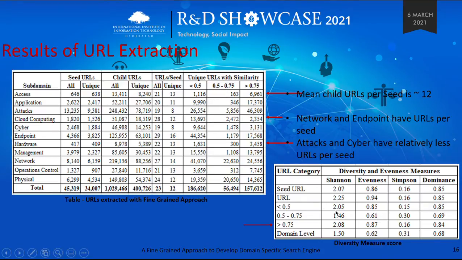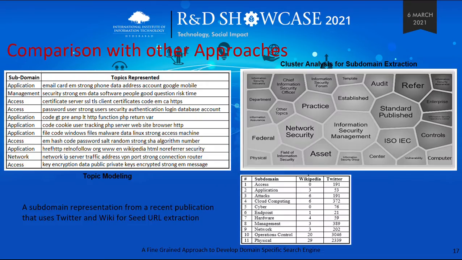We also see the diversity metric, based on the metaheuristic data. You see that there is a fair representation of the diversity of the subdomains. We compared with other approaches like topic modeling, clustering, and some of the recent work. We realized that our approach performed better both in terms of identifying more URLs as well as identifying the subdomains.